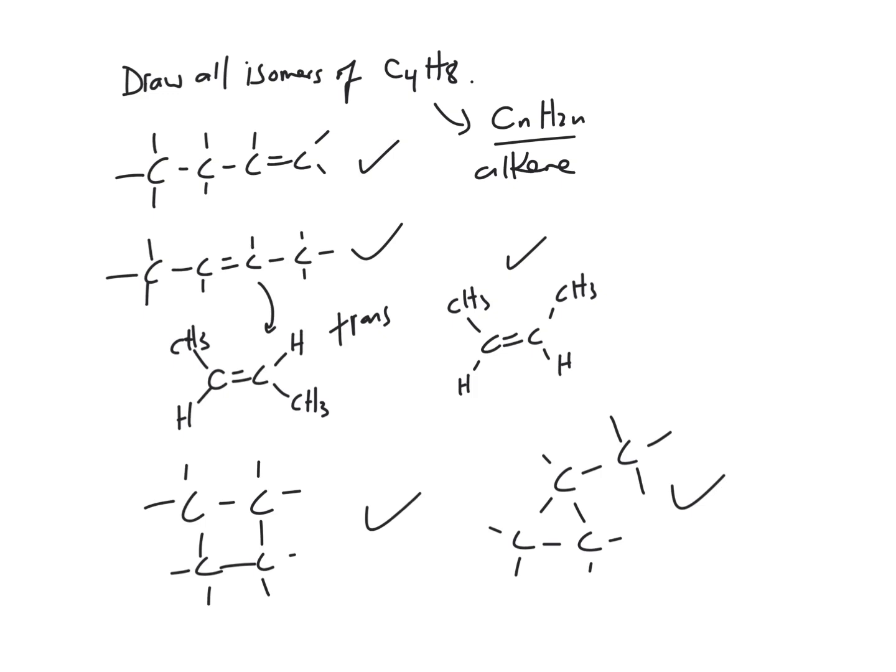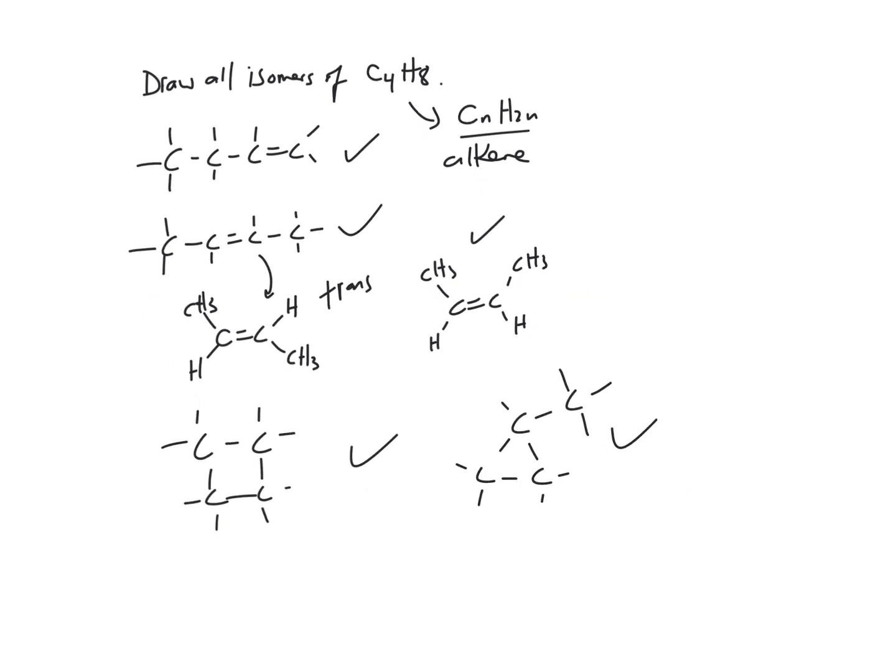But you can explore different types of isomers this way, and just always explore, like, can I make a ring like this? Can I make a ring like that? Maybe even a bow tie style ring. I'll draw one of those to show you what I mean. A bow tie style, like where there's a carbon in the middle here and carbons out there on the edges. Okay, try everything.